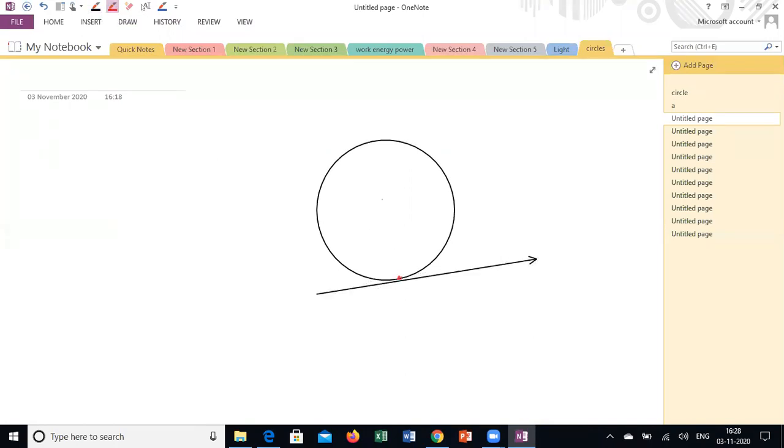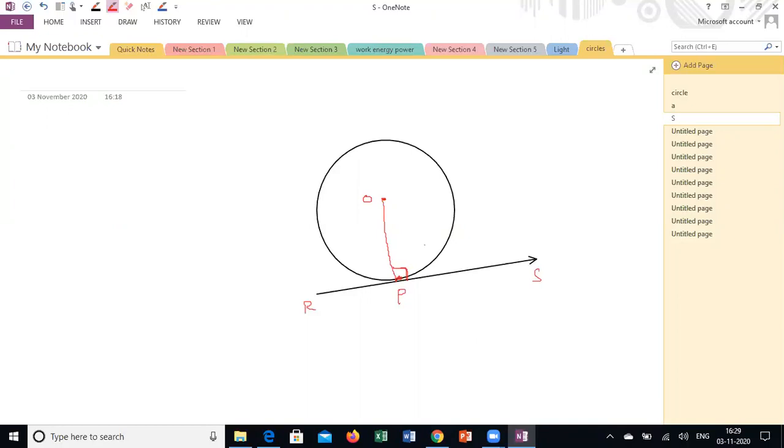Suppose I join this point to the center of the circle. Here RS is a tangent to a circle and T is the point of contact. If I join center O to T, the theorem says this OT is always perpendicular to RS. The radius line joining the point of contact of the tangent and the tangent are always perpendicular to each other.